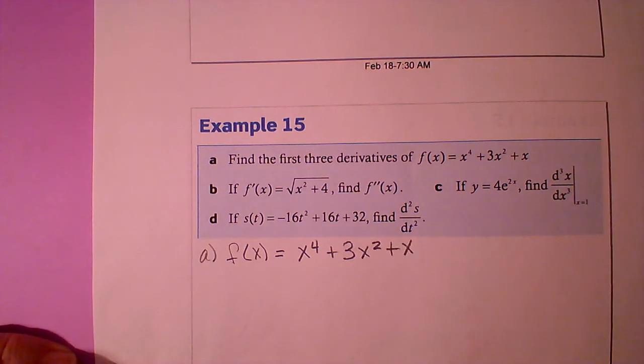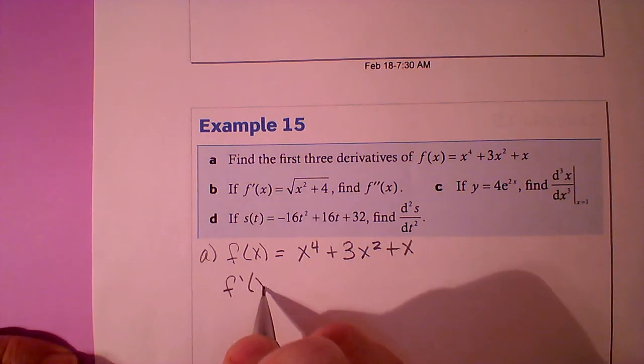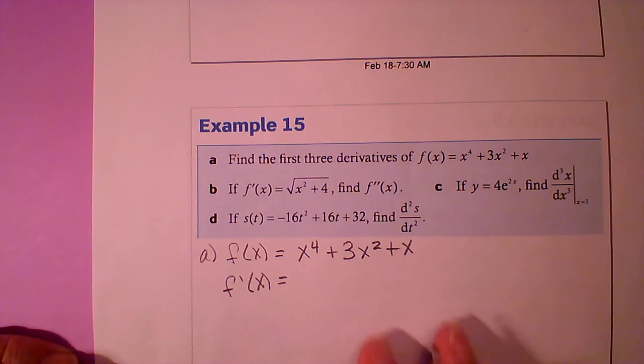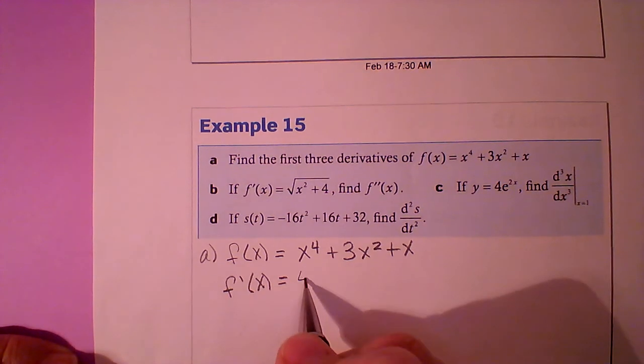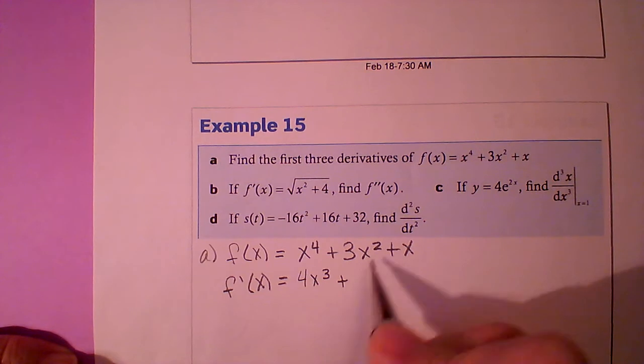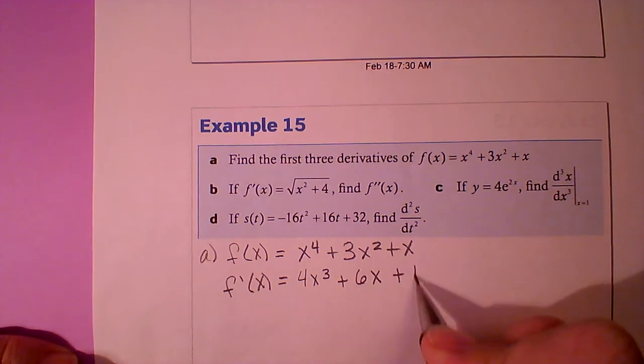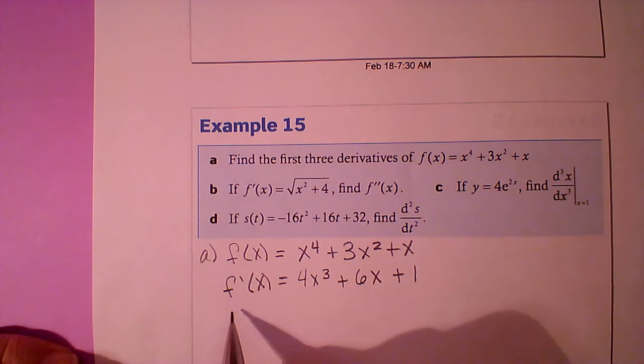Fortunately, this is a polynomial. We can use the power rule. This is the easiest way to take a derivative. So f prime of x, using the power rule, would be 4x to the third plus 3 times 2, 6x plus 1. Let's take the second derivative. Again, we have a polynomial.